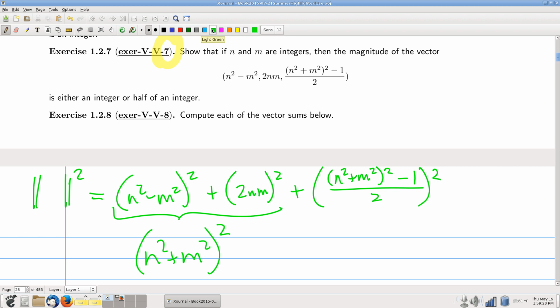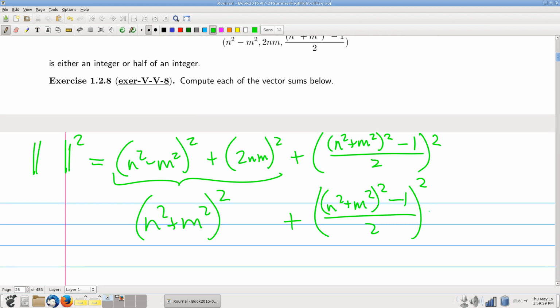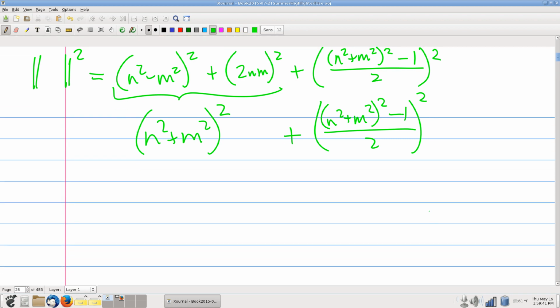Stop me, anybody, if I move too fast. Okay, all right, now here I've got n squared plus m squared, quantity squared, minus 1 over 2, quantity squared. By the way, I haven't worked this out for a while, about a year, so I think this is going to be okay.